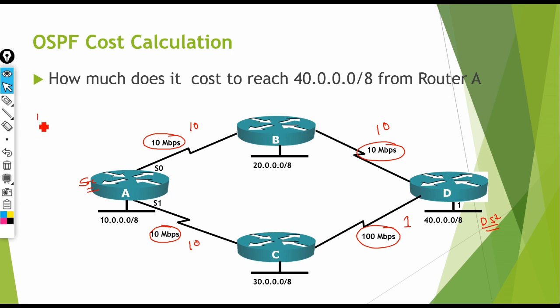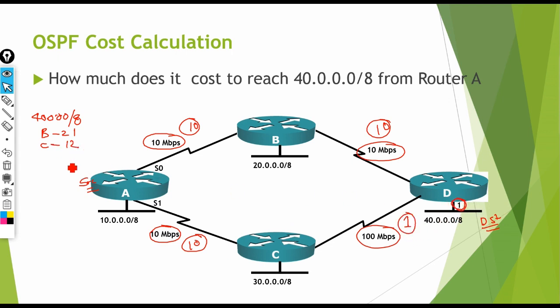To reach 40.0.0.0/8 from router A, I have two paths. I can go via B, I can go via C also. Via B, what is the cost? 10 plus 10, 20, plus 1, so the total is 21. And via C, 10 plus 1, 11, plus 1, 12.